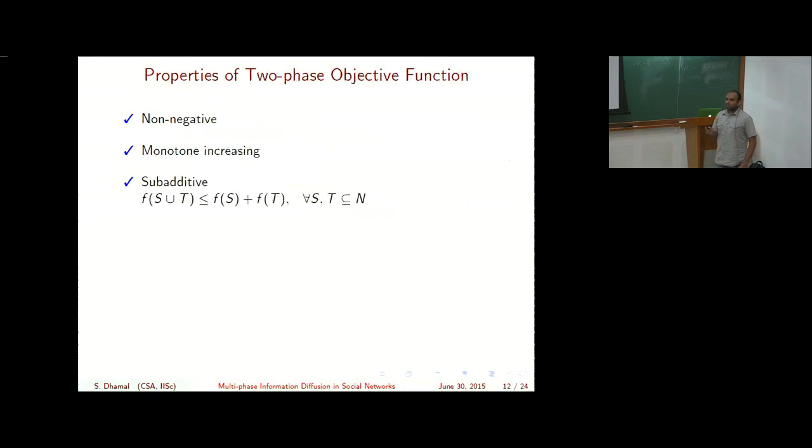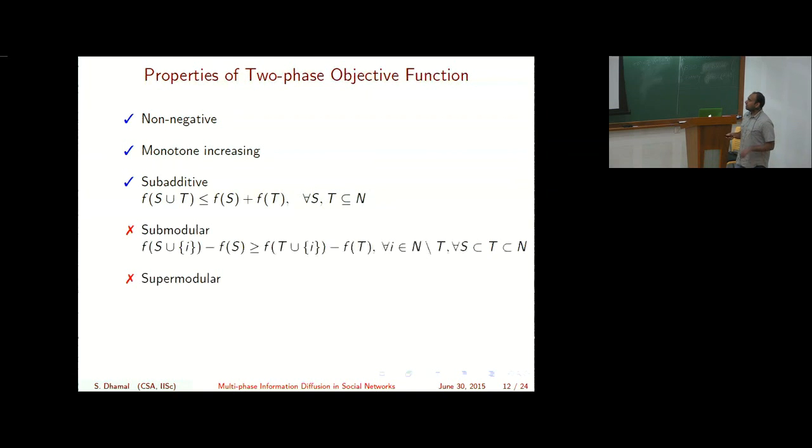So keeping the budget split and delay fixed, the objective function is non-negative, monotone increasing, and subadditive. Subadditivity just means that the function of the union is at most the addition of the two functions. But we showed that it's neither submodular nor supermodular.